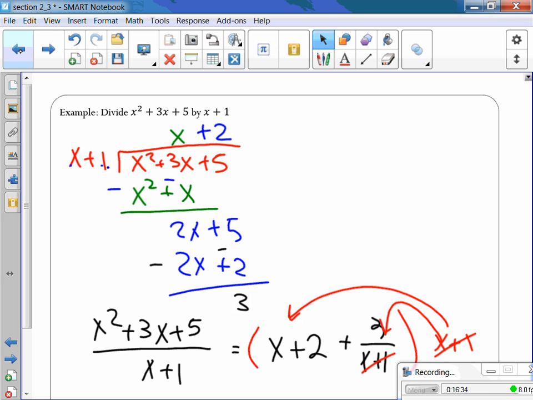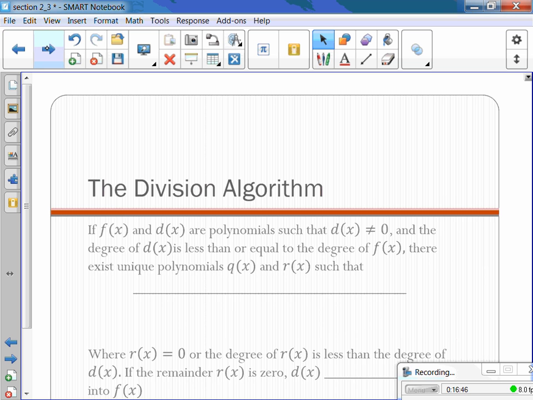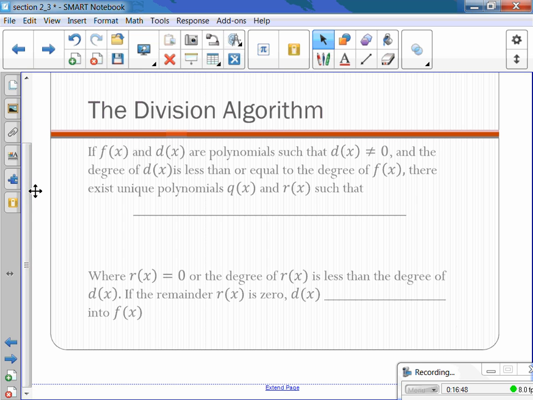I can't do x to the 5th plus 1 dividing into x cubed plus 2x. Right? It's going to be the other way around. So that's what this is saying, that the degree of your divisor is less than or equal to the degree of your dividend.